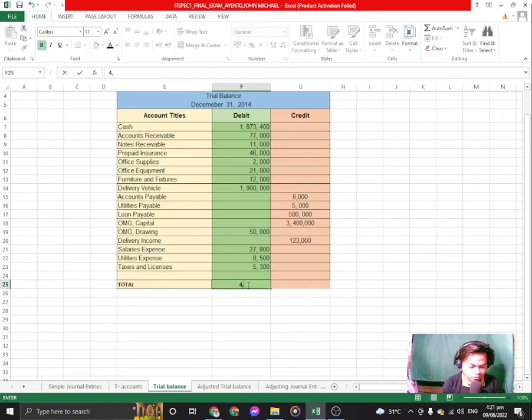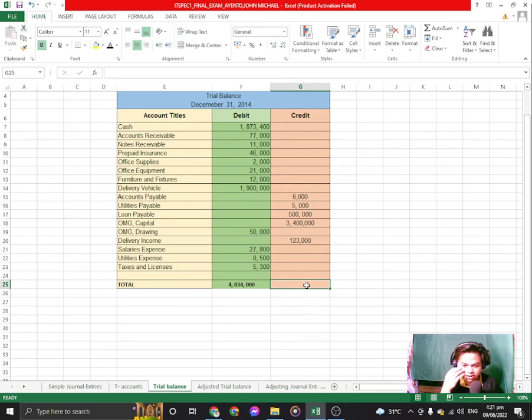Okay. Kung total nato ni siya tanan for the cash hantod sa taxes licenses, all debits with a total of 4,034,000 pesos. And here same from accounts payable up to delivery income katong naay amount sa credit, nagtotal po siya og 4,034,000 pesos.